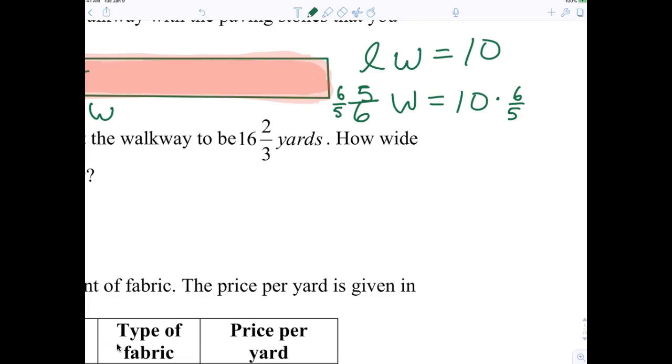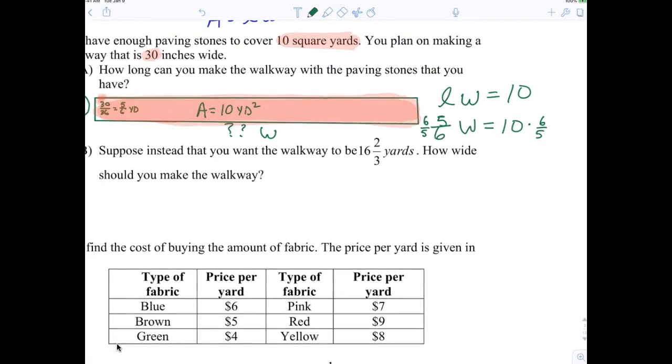And what's the width of our walkway? Or the length, I should have said. 12 what? 12 yards. The reason it's 12 yards is because we're measuring a length. Areas are for the inside. Is everybody okay with that now? Again, that was kind of tricky. Very tricky. Everybody good?